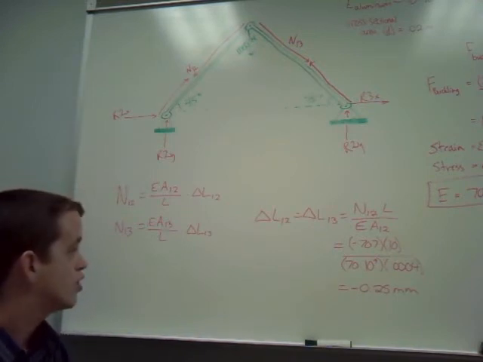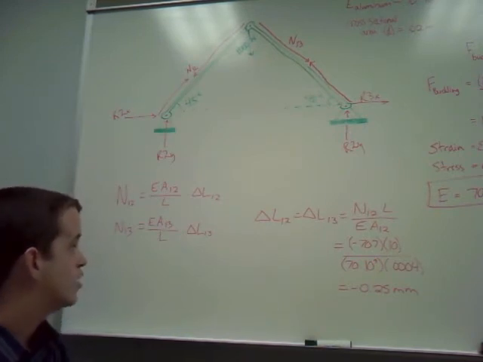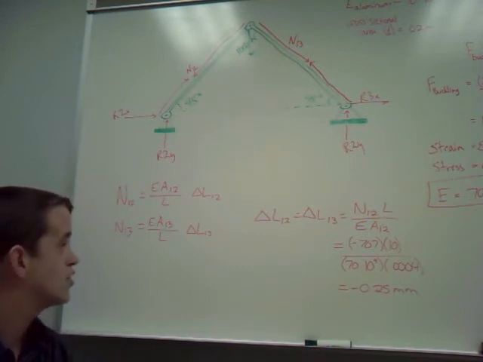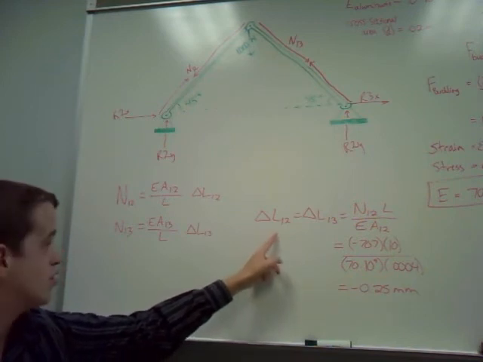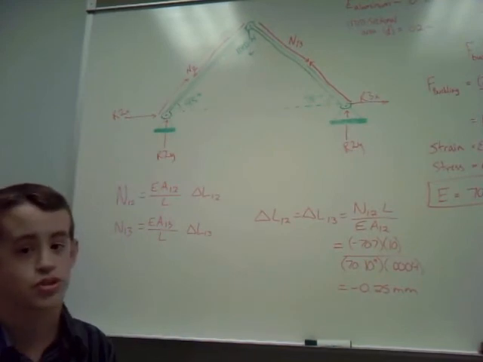Then, in order to solve for the elongation, which is the change in length, because both bars are equal and have an equal force on them, we know that the change in length of the bar between 1 and 2 and 1 and 3 is going to be equal to each other.